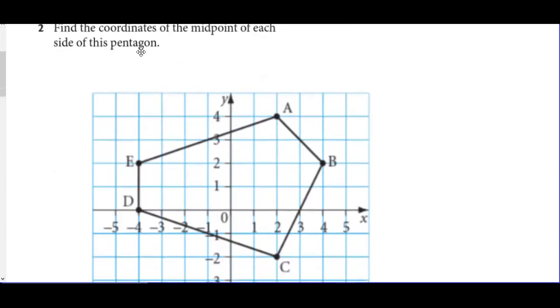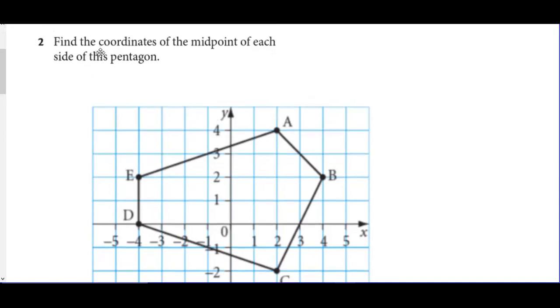A pentagon is a shape which has 5 sides, like so, and 5 angles. So that is all about a pentagon. Now, what is the question? The question is, find the coordinates of the midpoint of each side of this pentagon.